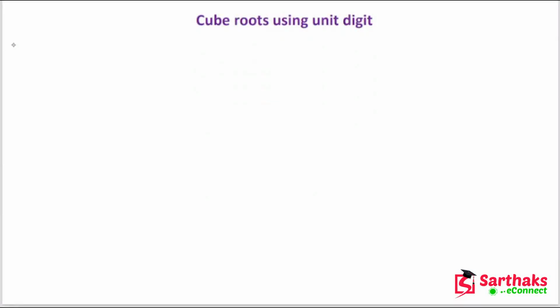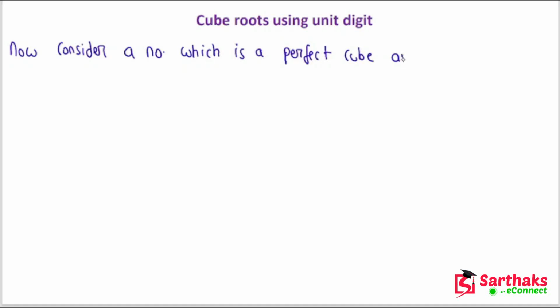To understand the situation, consider, for example, a number which is a perfect cube and has at the most 6 digits.